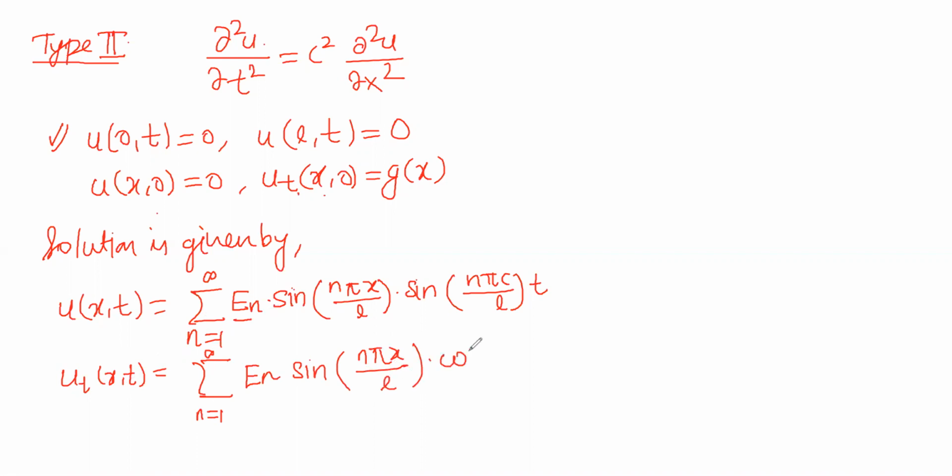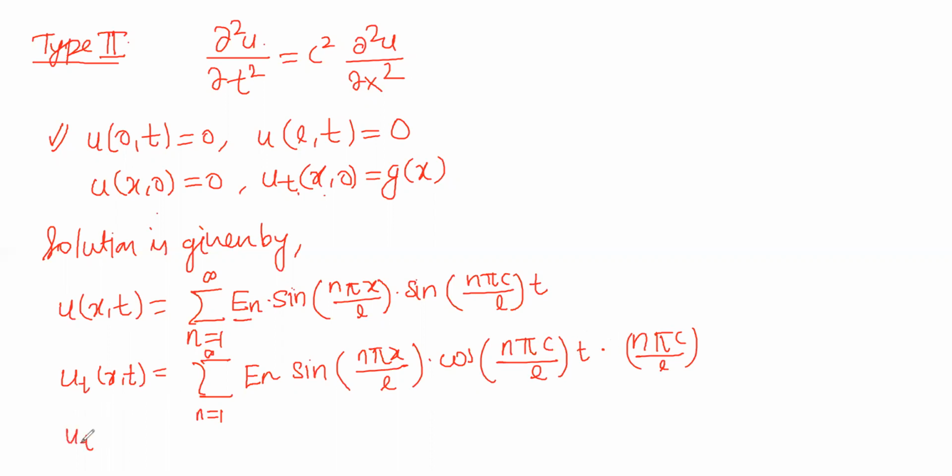So it will be cos(n pi c t upon L), and again I have to take the derivative of this thing, so this will be just n pi c upon L. So this part will come extra, and now let me put t equal to 0.